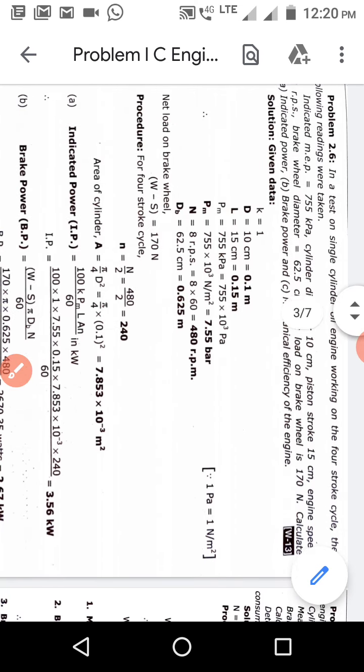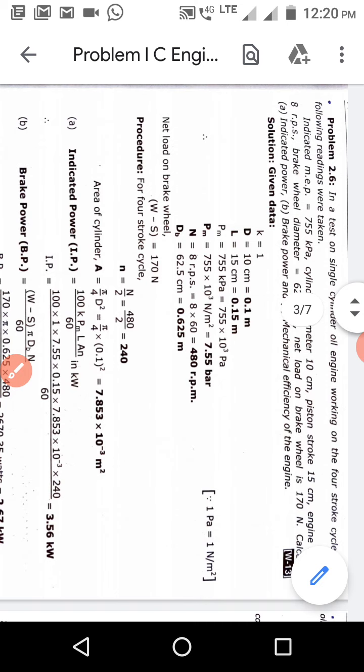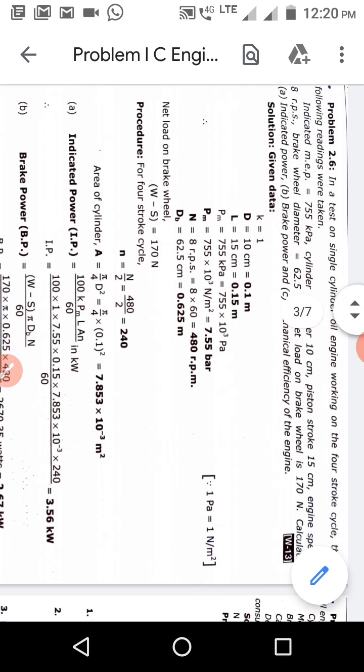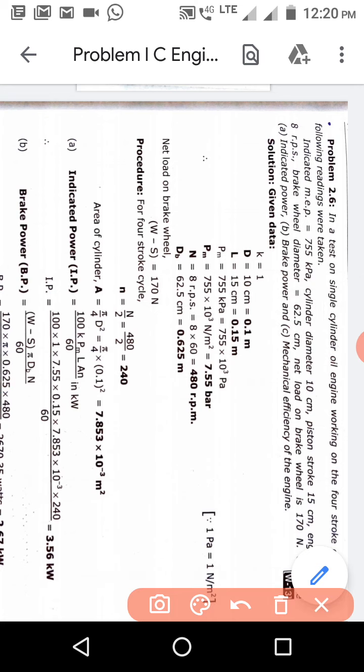Now we have to calculate the indicated power, brake power and mechanical efficiency. Once we calculate indicated power and brake power, by the use of them we can calculate the mechanical efficiency of the engine.